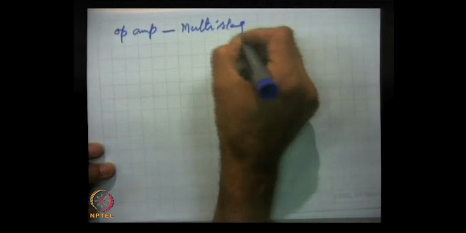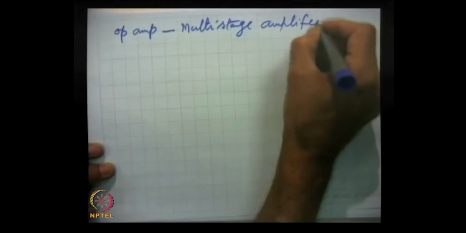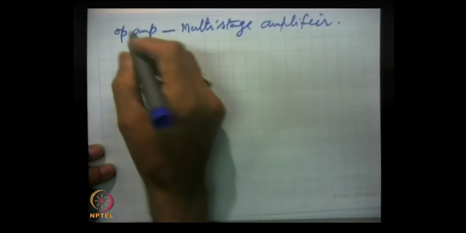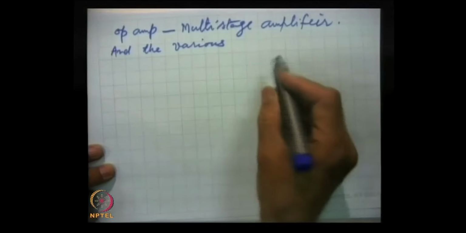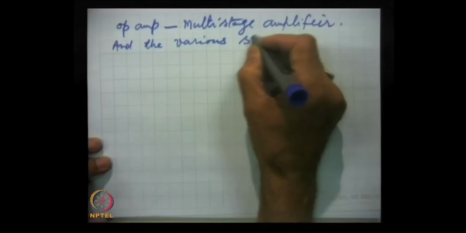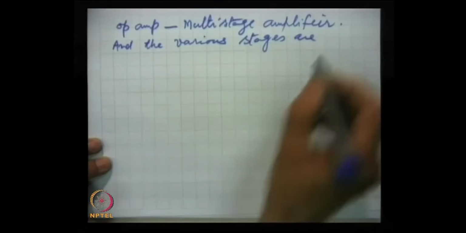The operational amplifier is a multi-stage amplifier, so the design is complicated, but I will demonstrate what the various stages are that make an op-amp and what the functions of those stages are. The op-amp is a multi-stage amplifier, and the various stages are these.